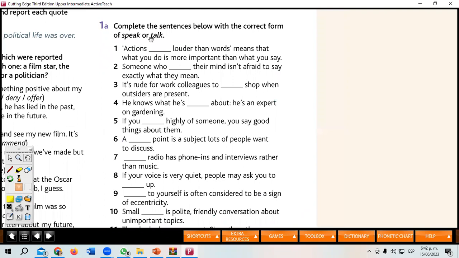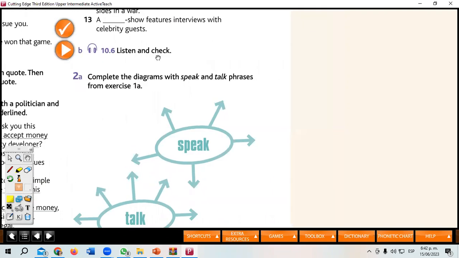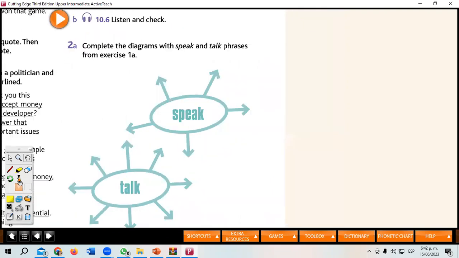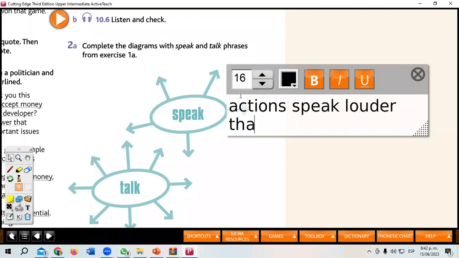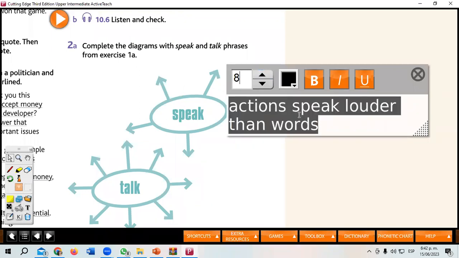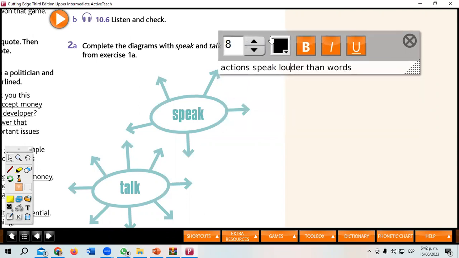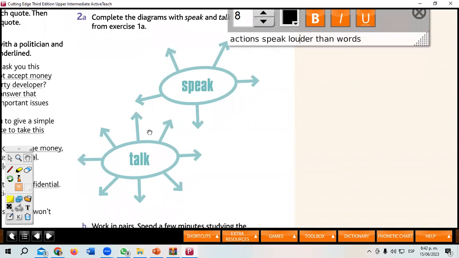So actions speak louder than words. You can write it here, okay? Actions speak louder than words. This is a common phrase with the word speak, okay? So you're going to do the same with the others. Again, I'll give you a couple of minutes, and then when you are ready, let me know. So we are going to socialize the answers.